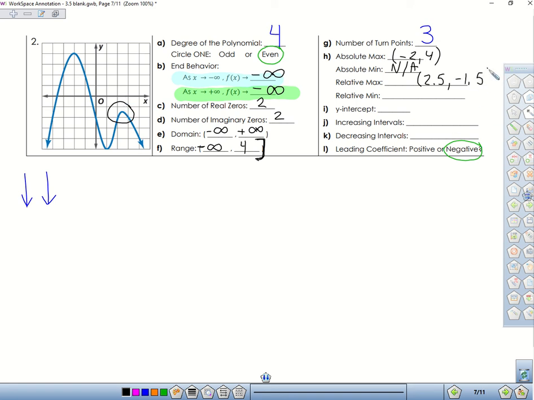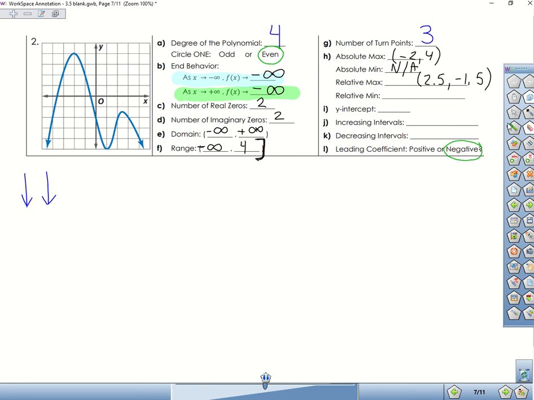That would be our relative maximum. So see how it's kind of like in the middle of the coordinates? That's why. Wait, I don't get why it wouldn't be negative 2, 4 again. That would be a relative minimum. No, negative 2, 4. Okay. Oh, right here. That's the absolute maximum. The relative maxes are all like the miniature ones. You see? Yeah.